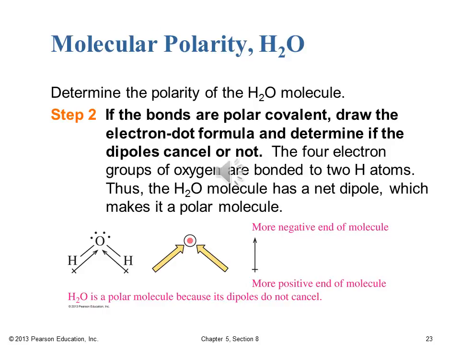So because we have 4 electron groups around that central oxygen, we can draw 2 in the plane at an angle of about 104.5-ish for water. So we have the HOH bond there, and the oxygen is actually winning. So that's probably the first time we've seen the central atom being the one that holds the electrons more of the time. But so you've got the OH bond pointing toward the O for each side, and they can't cancel each other that way.